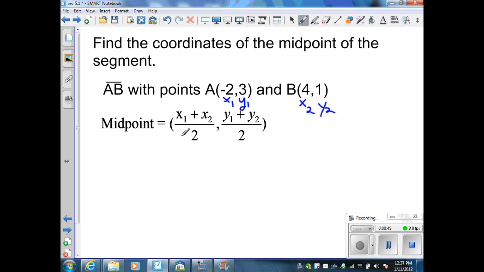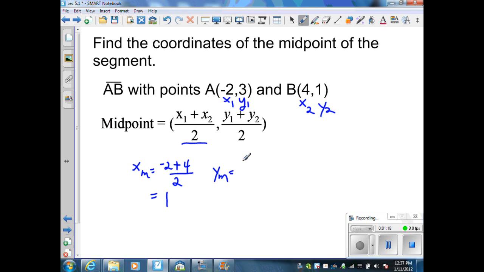Now all I need to do is substitute into my formula. My x midpoint is going to be the first section for the x coordinate, which is x sub 1, which I am going to substitute in negative 2, plus x sub 2, which is 4, divided by 2. Therefore, when I simplify, that's 2 divided by 2, and I get 1. The y midpoint coordinate is determined by y sub 1 plus y sub 2 divided by 2.